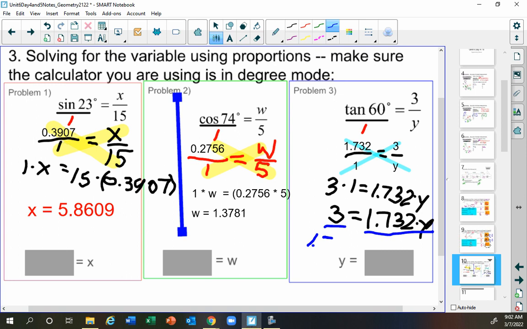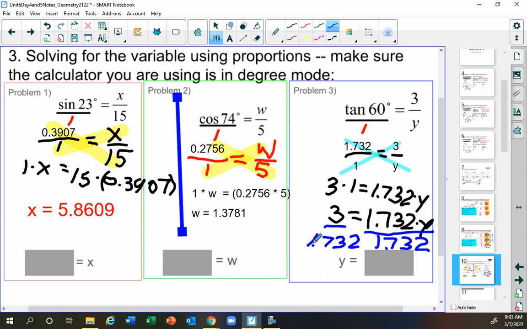Now, here's where you have to be real careful. When we divide these two values, 3 divided by 1.732, what do you get? Don't be surprised. 1.7321. You're going to get about the same number.